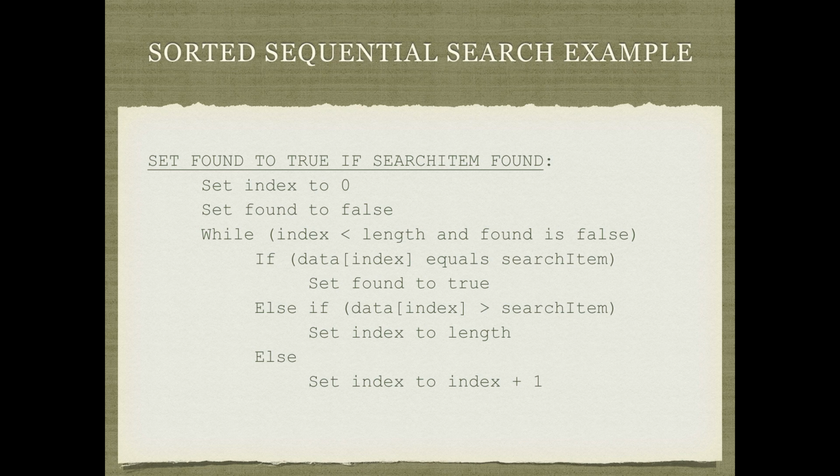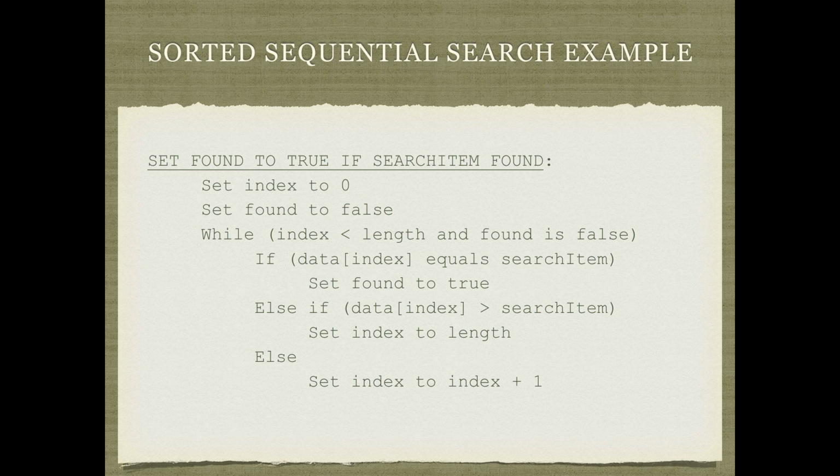So if the value is found in the data array, we set found to true, and that will end the execution of the loop. If we pass the point in the array where the value was supposed to be, then we set the value of index to a number that is, in this case, equal to the value of length so that it fails that first condition and stops the loop.